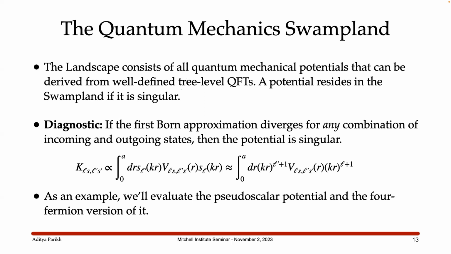It's an integral from 0 to A of the product of spherical Bessel functions, which are basically the free particle solutions in 3+1 dimensions, times the potential between those two states. And in particular, K is effectively the mass of the external particle times the velocity. It's the momentum of the incoming and outgoing states.